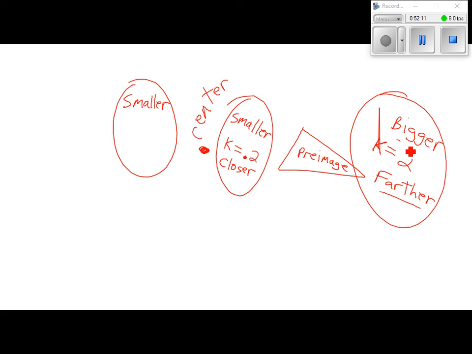This stuff stays the same, bigger and smaller and closer. So this one's still going to be closer to the center. But what else did it do? Change sides. It flipped over the center point. What would cause us to flip over the center point? A negative. So like negative 1/3.